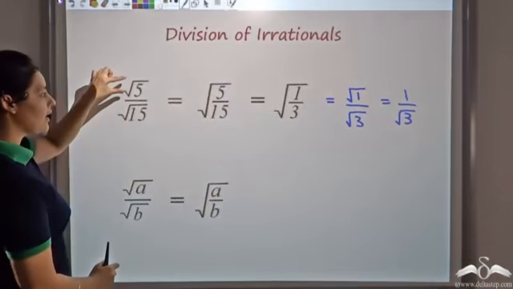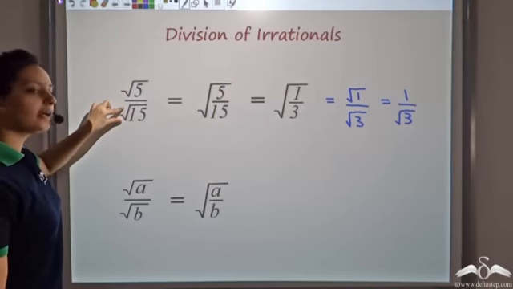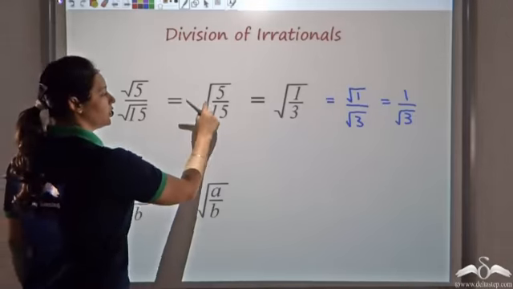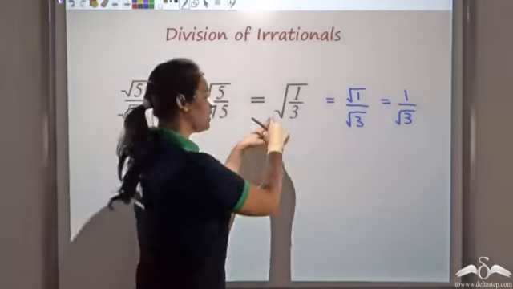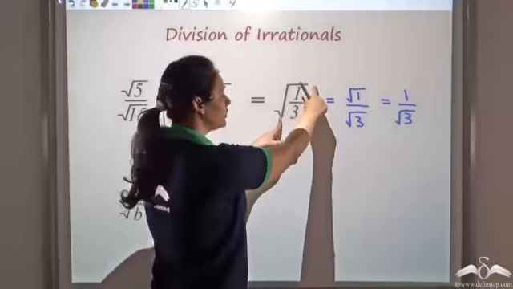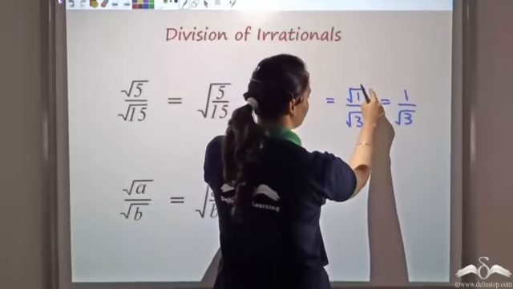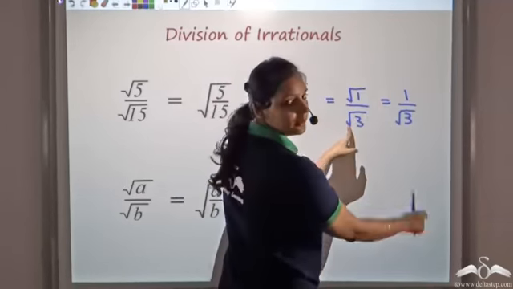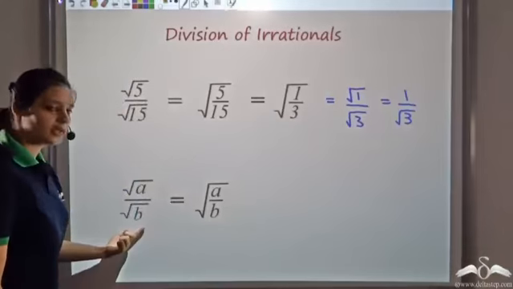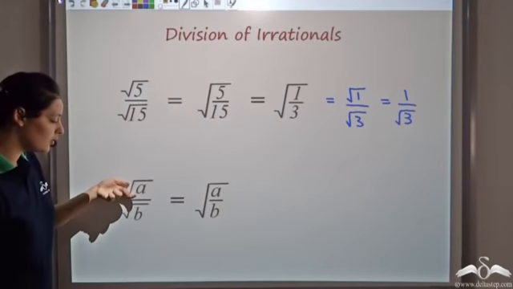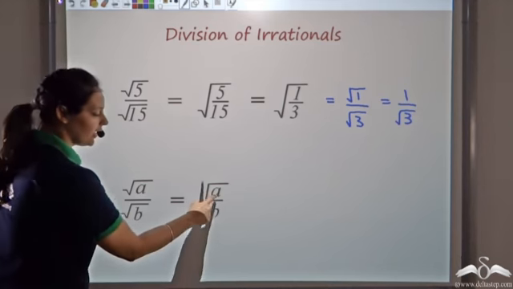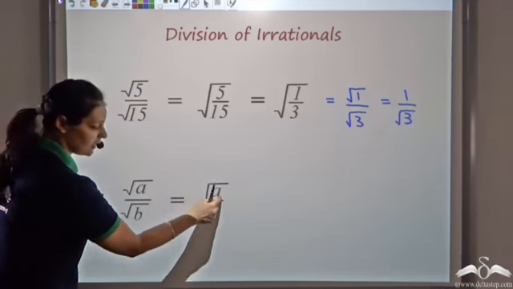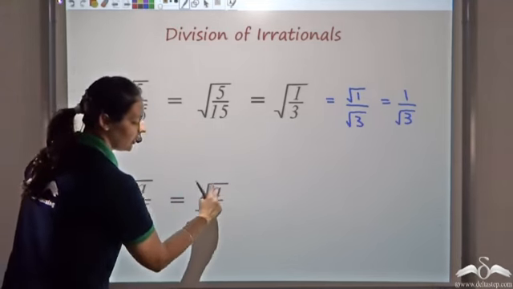So if you have under root sign in the numerator and under root sign in the denominator, you can put an under root sign over the entire term. Or if you have an under root sign over the entire term, you can put the under root sign over the numerator and over the denominator. Now let's look at this. If you have these two irrational numbers and you want to divide them, divide the integer part, which is a by b, and put an under root sign.